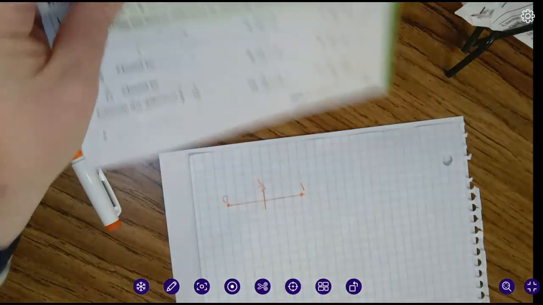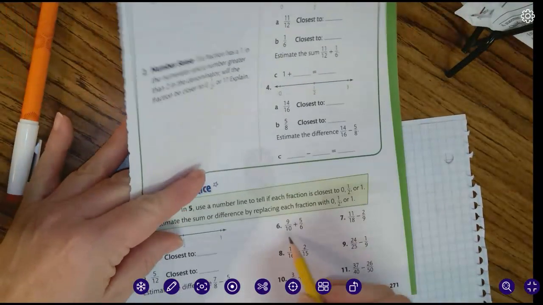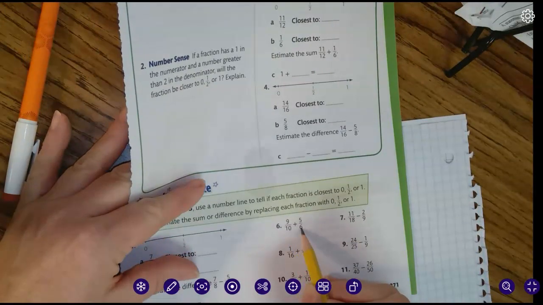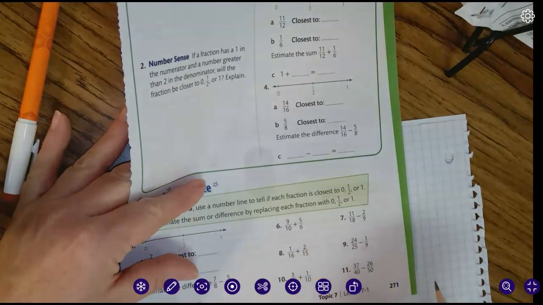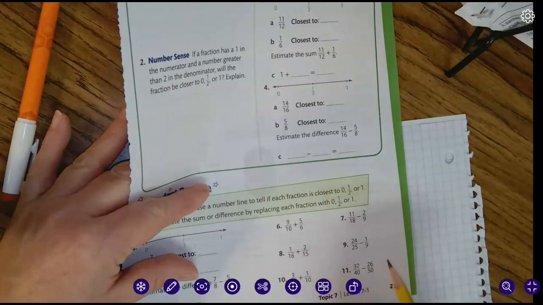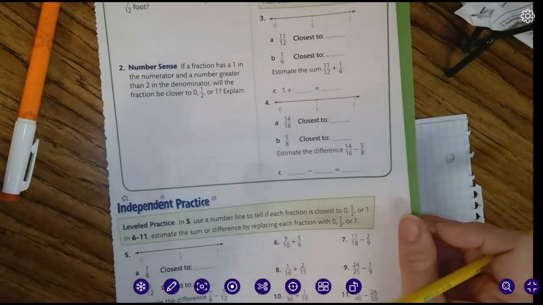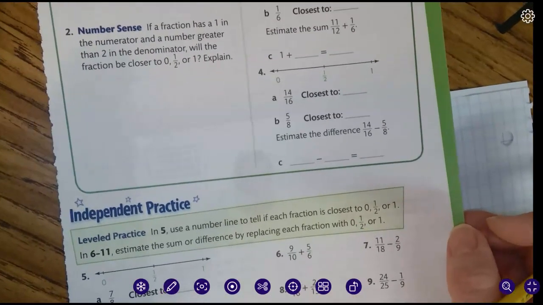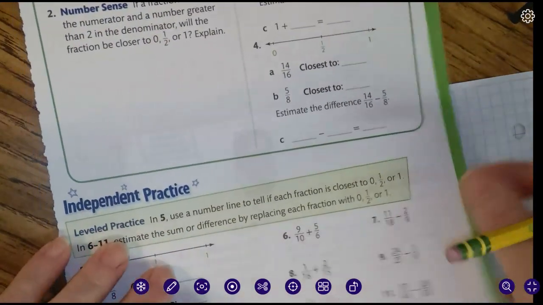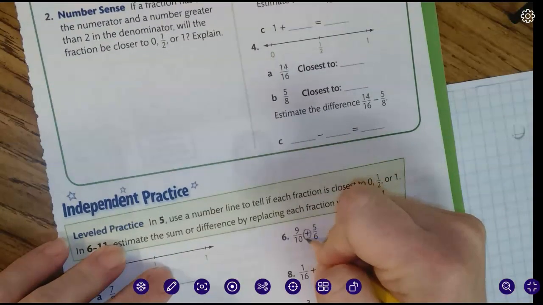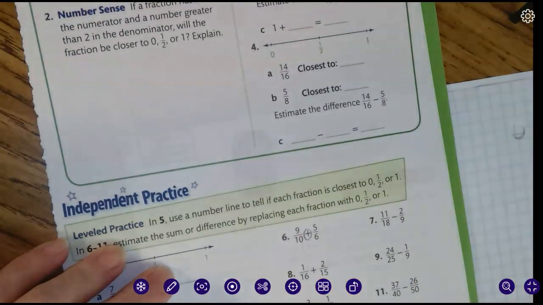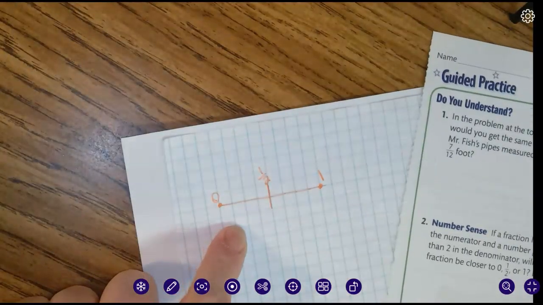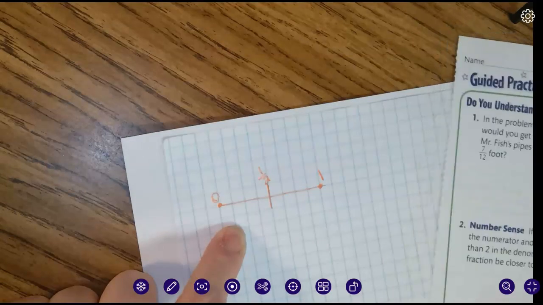All right, so let me get an example. I have an example here of 9/10 plus 5/6. I know it's kind of hard to see because it's a little bit small, but if I do 9/10 plus 5/6, the first thing I'm going to do is circle my operation. That tells me to add. So I'm going to be adding, not subtracting. And then if I think about this number line, my first number is 9/10.